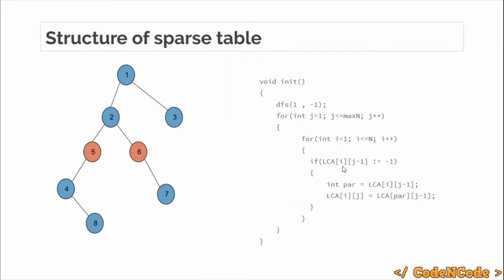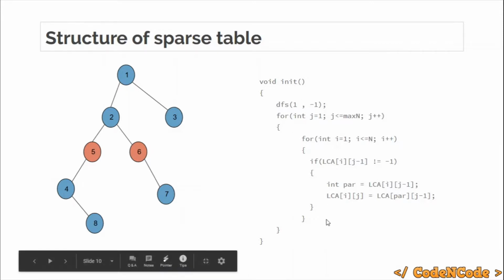So if LCA of i, j minus 1 is not equal to -1, we proceed. We find the intermediary node, which is LCA of i, j minus 1, the 2's power (j minus 1)th parent. Using this intermediary node, we find its (j minus 1)th parent, so that would be node i's jth parent. So this is how preprocessing is done, or basically your sparse table is constructed.